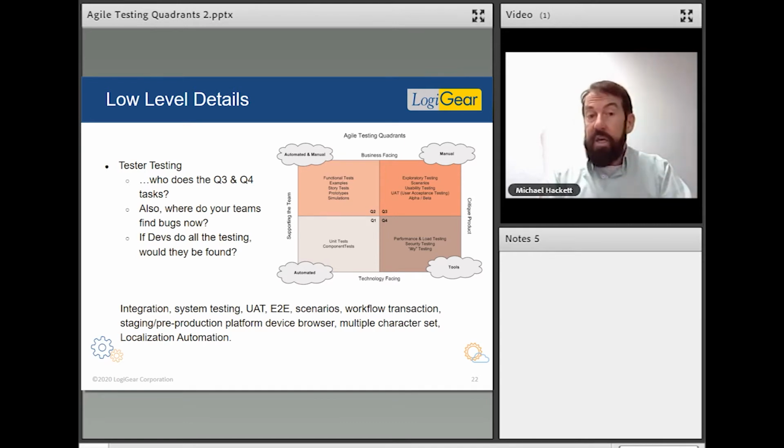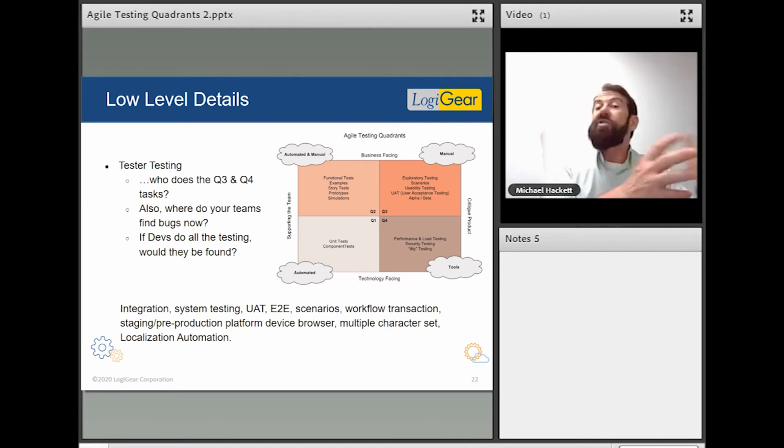So part of coming up with this strategy is deciding who's doing the fully integrated product and end-to-end transaction type testing. Where does your team find bugs now? And using this quadrant paradigm, what quadrant would they be found in, and could they be shifted earlier?